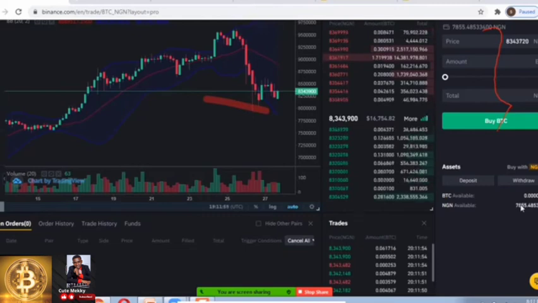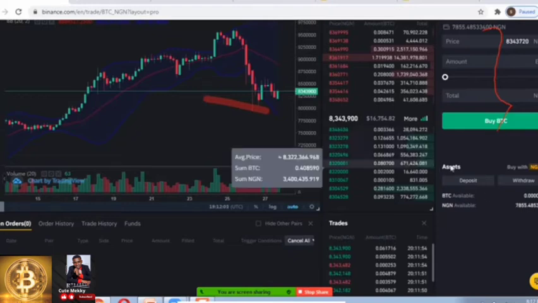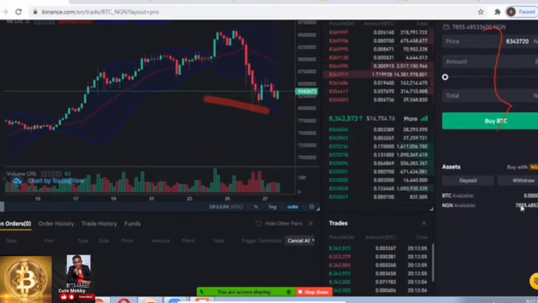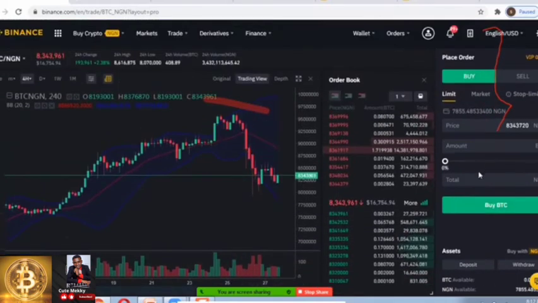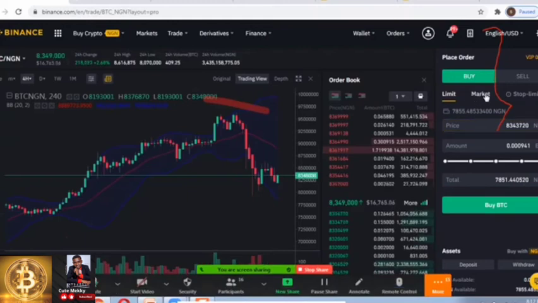If you're charging the person, it's also a business opportunity for most of us that want to do transactions. So that is how you can. So here, if I want to buy Bitcoin, I can simply put my 8,000 Naira. You see the amount. Okay, let me put it on market order.